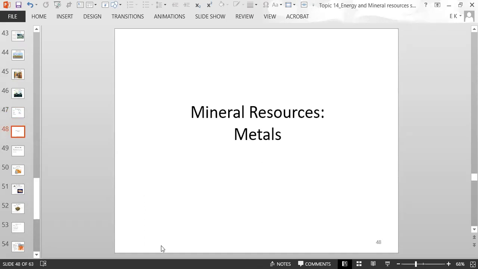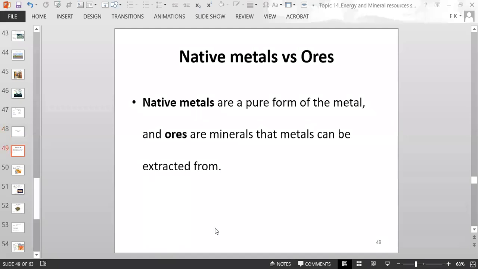So first we'll talk about mineral resources that are metals. So we have native metals versus ores. Native metals are a pure form of the metal, and ores are minerals that metals can be extracted from.